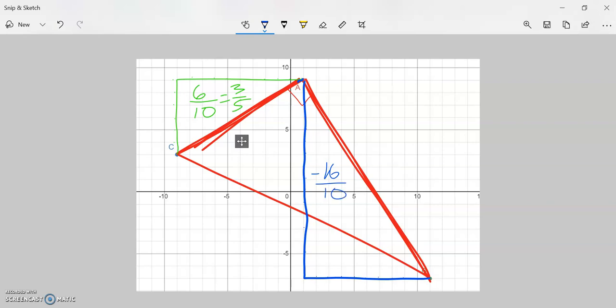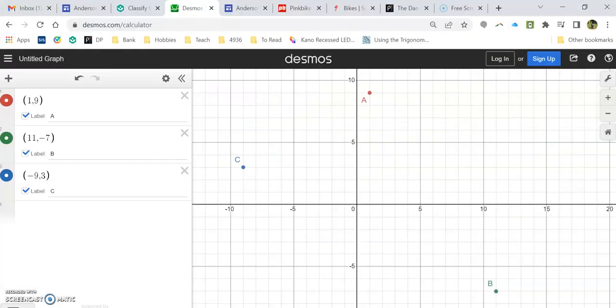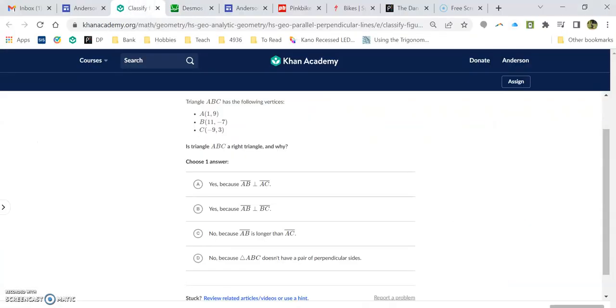Negative 16 over 10 simplifies to negative 8 over 5. And that's not good. We were looking for negative 5 over 3. So this is not a right triangle. AC is not perpendicular to AB. It does not have a pair of perpendicular sides.